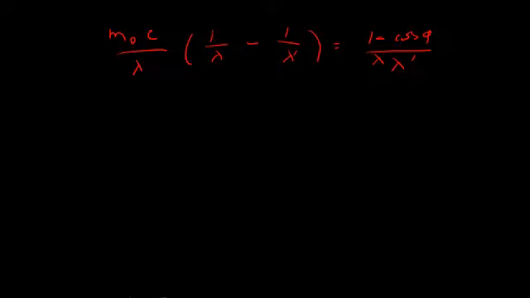So when we further simplify it, we can write it like lambda prime minus lambda is equal to h over m naught c into 1 minus cos of phi.